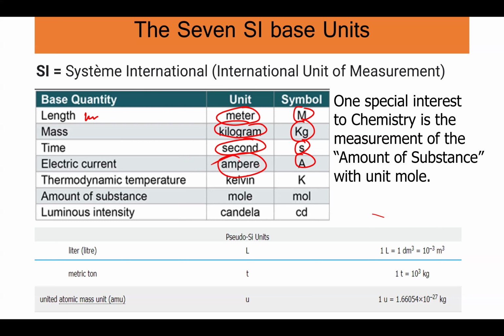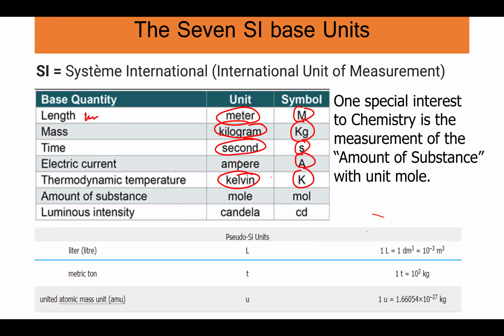Now, temperature, that's also a unit we use. The unit we use to measure temperature is Kelvin, or the symbol K. The amount of substance, how much amount do you have? Amount of substance is measured by the mole. Luminous intensity, or candela, that's the intensity of the luminous.